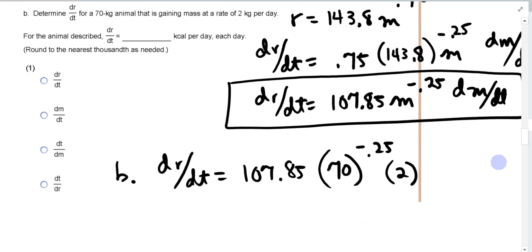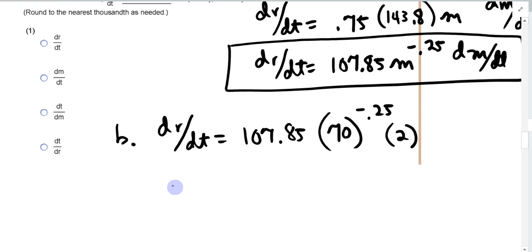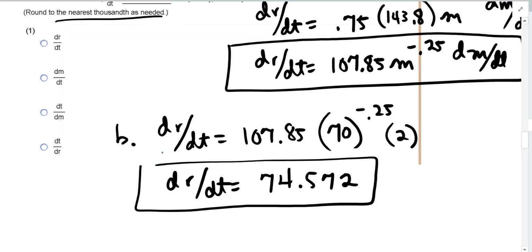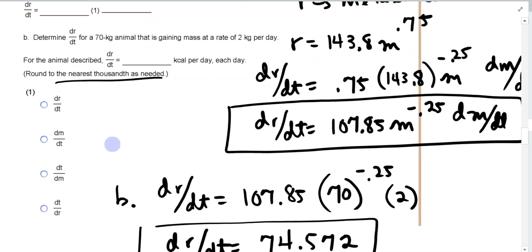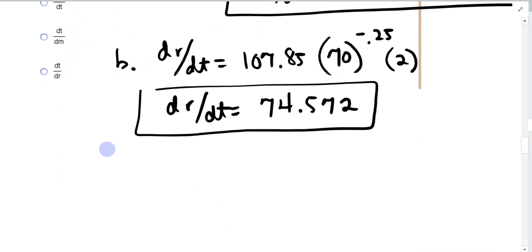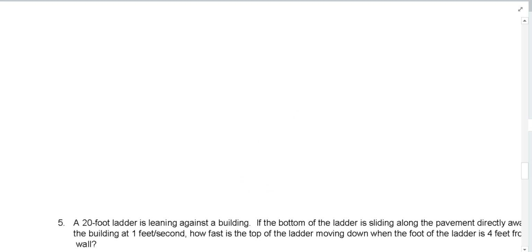So I plugged in both of those numbers, and then it's just a calculation. So dR/dt equals, when you do all of this in your calculator, 74.572. And I think it does say round to the thousandth, so that's what I did there, was round to 3 places. Okay. All right. Let's go down here.